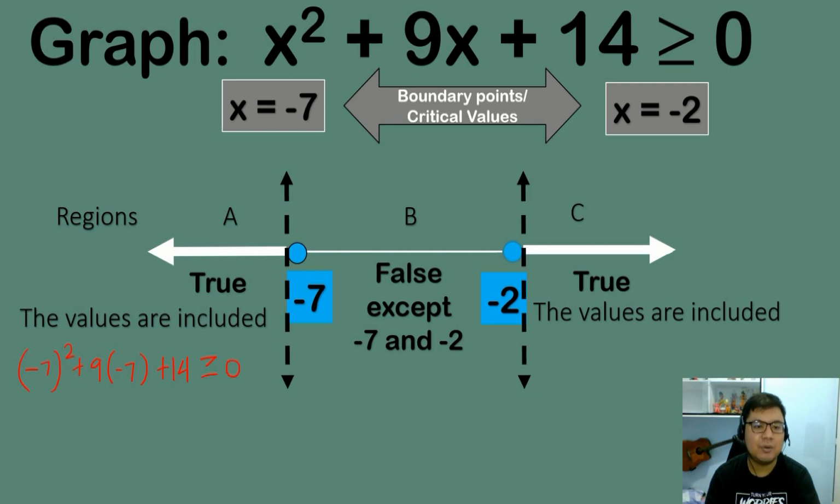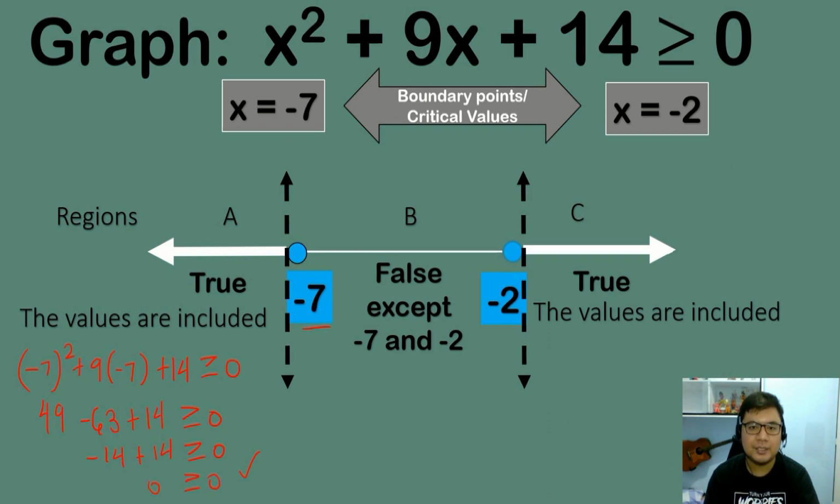Negative 7 to the second power is positive 49. 9 times negative 7 is negative 63 plus 14 greater than or equal to 0. 49 minus 63 is negative 14 plus 14 greater than or equal to 0. Negative 14 plus 14 is equal to 0. So 0 is greater than or equal to 0. So therefore, yung negative 7 natin is also true.